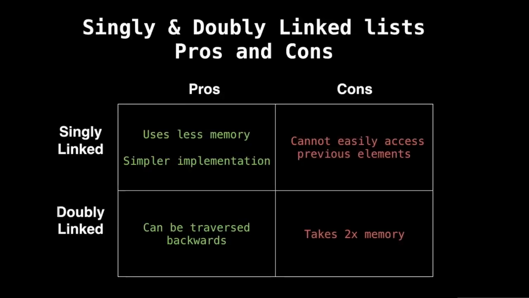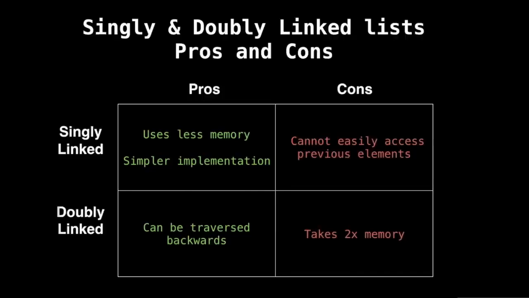Pros and cons of doubly linked lists. There are trade-offs between picking a singly and a doubly linked list. What are they? If we look at the singly linked list, we observe that it uses less memory. Why? Well, pointers to nodes can actually take up a lot of memory. If you're running on a 64-bit machine, references use 8 bytes. On a 32-bit machine, 4 bytes each.